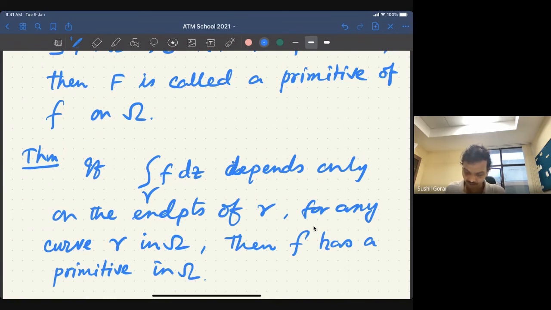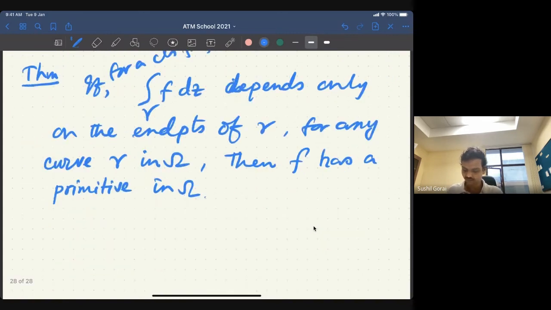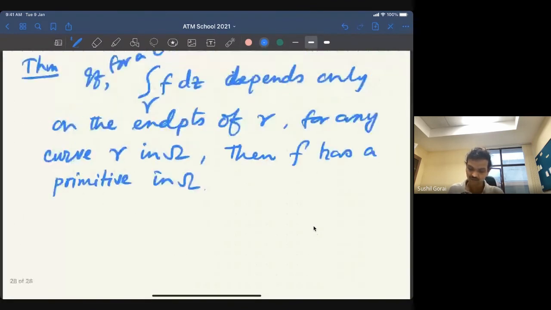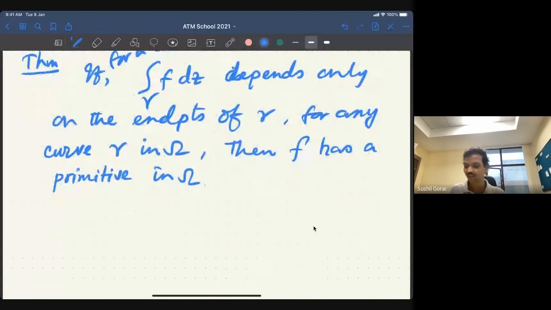But you can mention it: if this one depends only on the endpoints for a continuous function f on omega. All right. So now, what is the converse of it? Is it true?